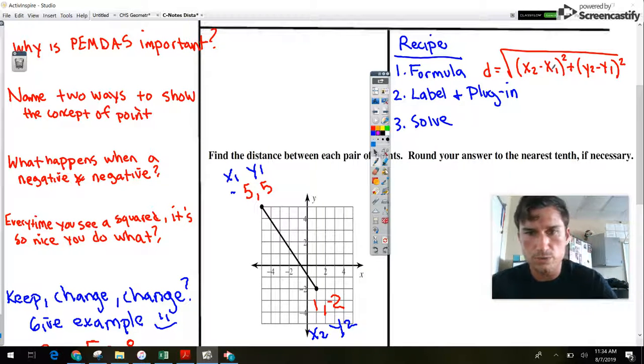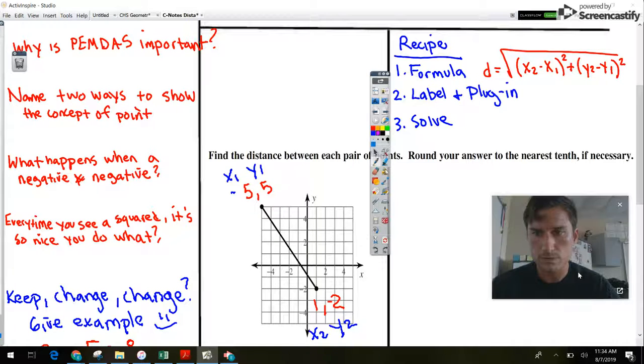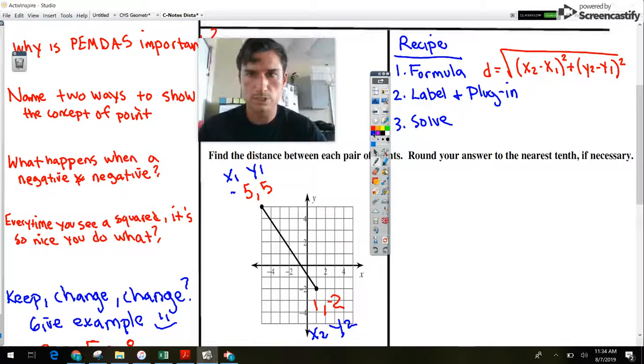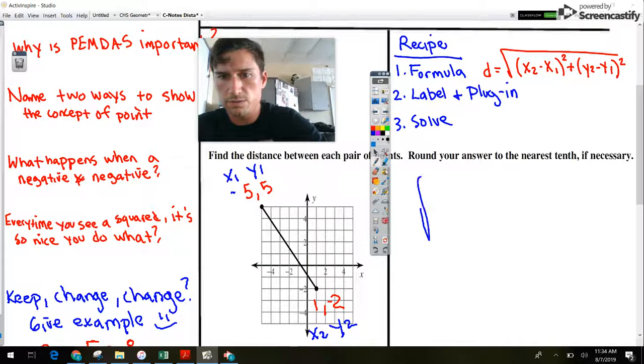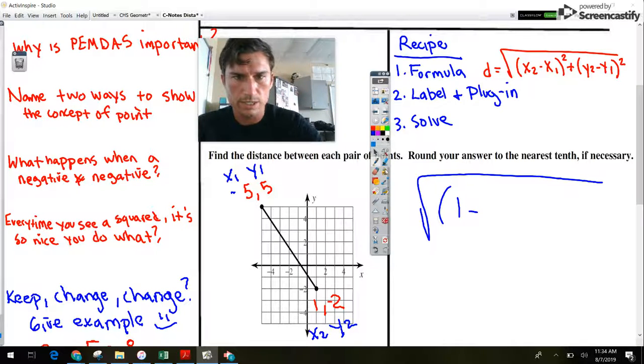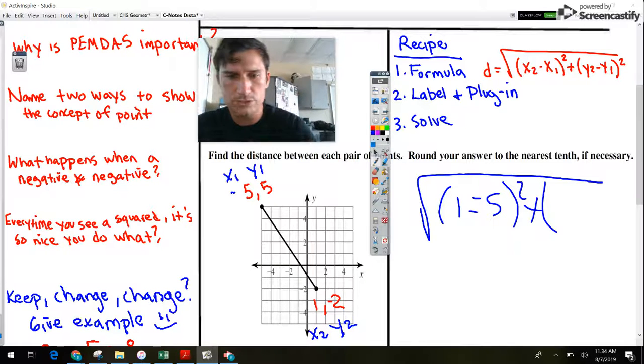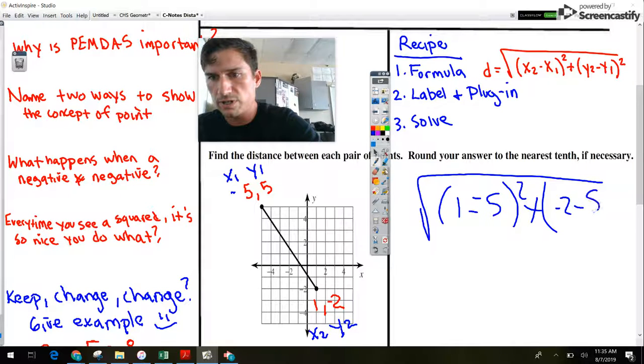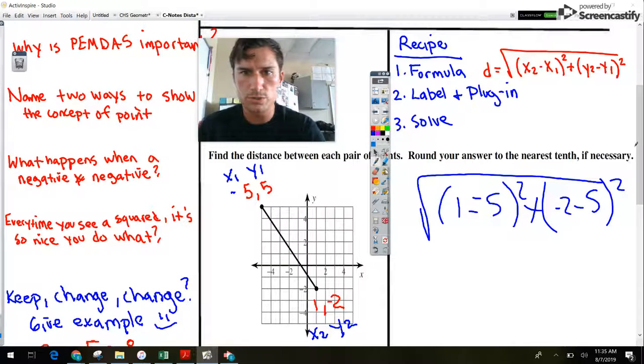So if we do, so let's do it. So we have square root x2, so that would be open parentheses 1 minus x1, so that's negative 5 squared plus y2, so that's negative 2 minus y1 is 5 squared. So if we do the keep, change, most people are really good at addition, but subtraction is definitely questionable at some points.